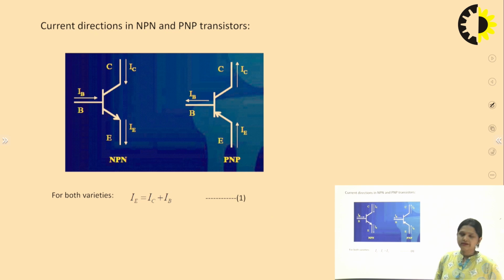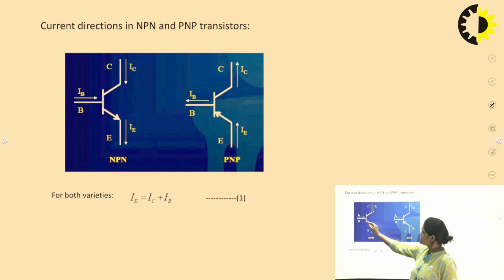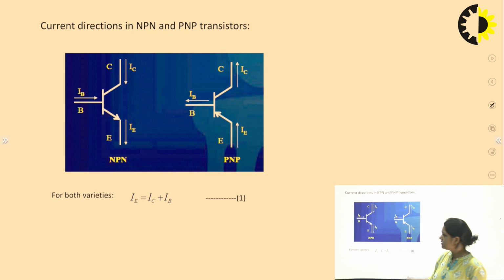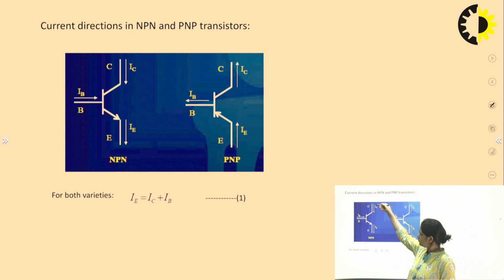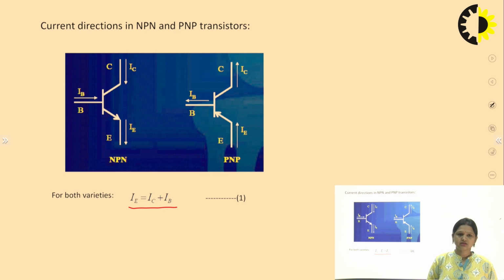Overall, if I explain the total current, this is the base current flowing inward to the base, the collector current flows from collector to emitter terminal, and at the emitter terminal, the emitter current is the combination of collector current and base current. So IE equals IC plus IB.